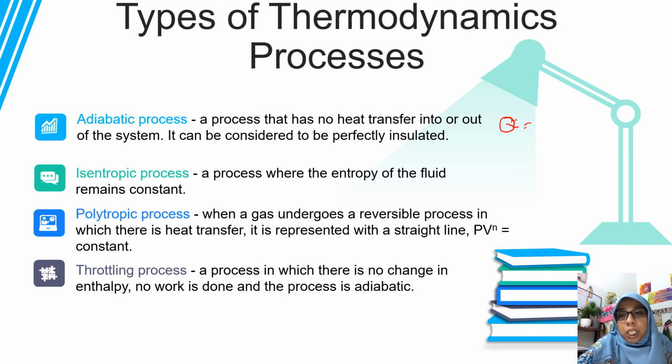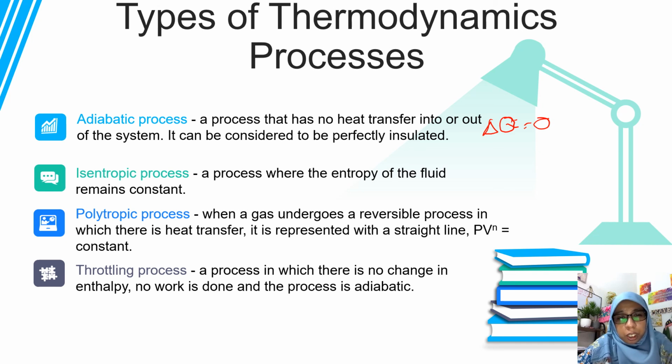So Q must be 0. Kan dia tak ada perubahan heat tu. Tak ada Q yang masuk, tak ada Q yang keluar. Ini kenapa you kena tahu proses-proses ni? Sebab kadang-kadang dalam soalan dia bagi tahu nama proses. Dia tak bagi nilai tapi dia bagi tahu this is the adiabatic process. So bila you nak buat energy balance, you dah tahu dah, Q dia is equal to 0.